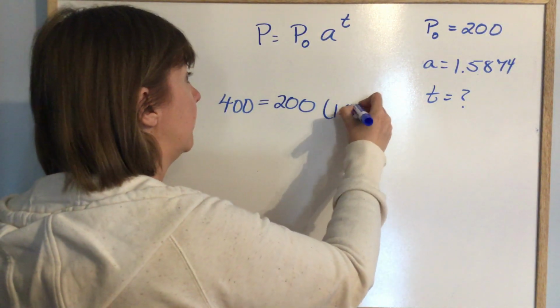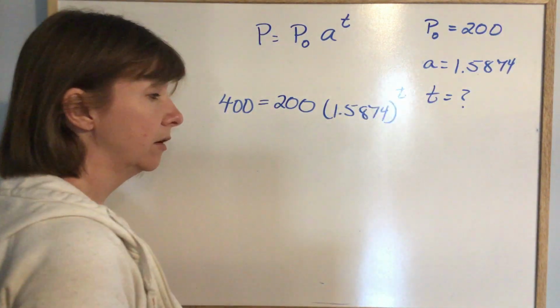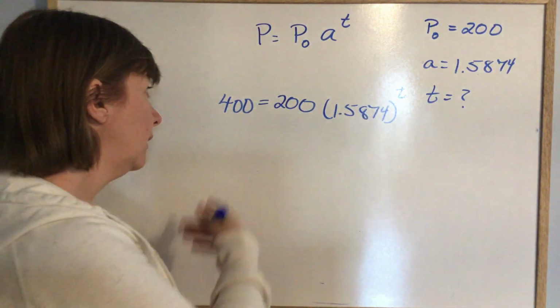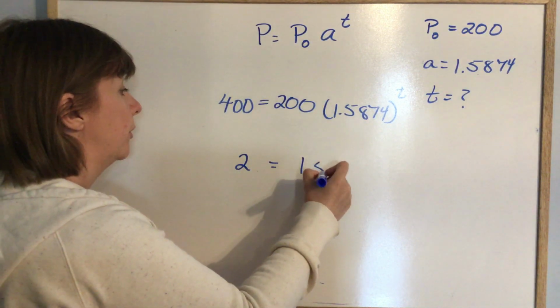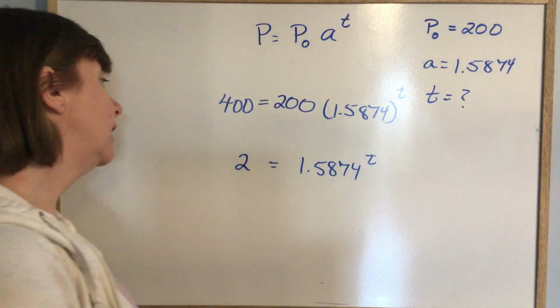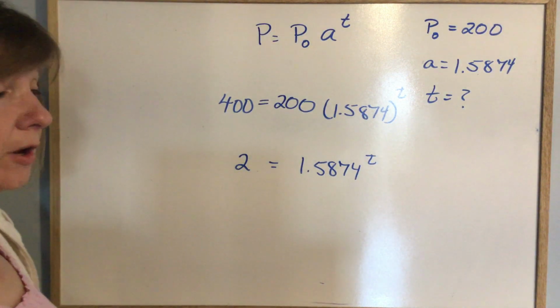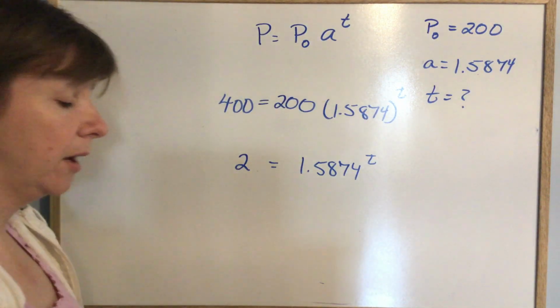A is 1.5874, and I'm looking for T. So again, I would divide. So 2 is equal to 1.5874 to the T.